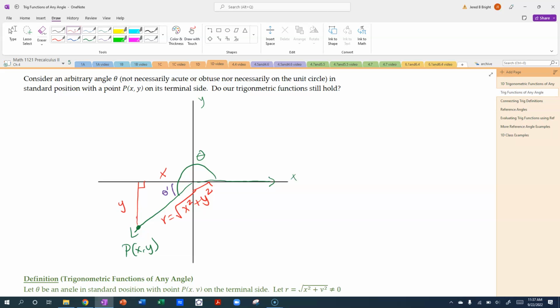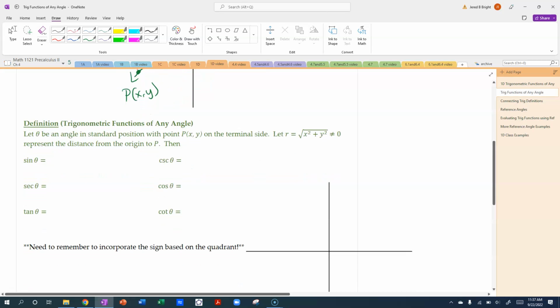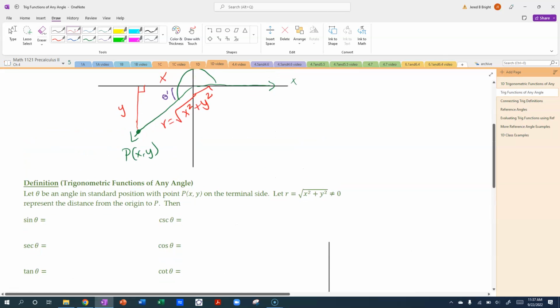So all we need to do is adapt our understanding of trig functions to those of triangles. Even if we're not on the unit circle, we can still talk about the trigonometric functions. We can now say that sine of theta in this context, with our acute angle theta prime, would be opposite over hypotenuse, so y over r.